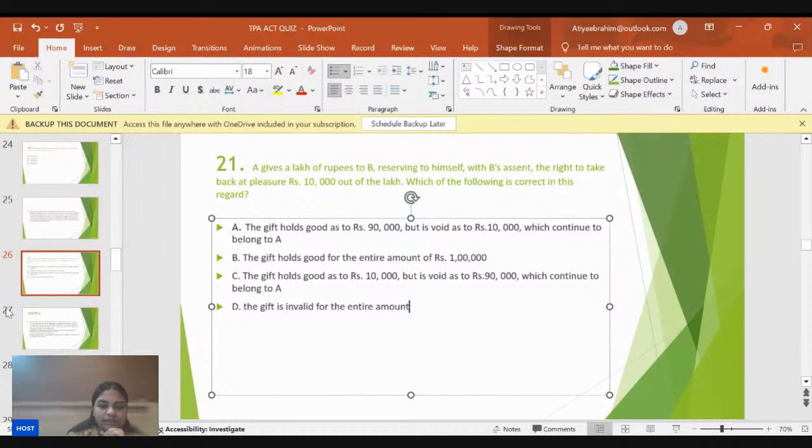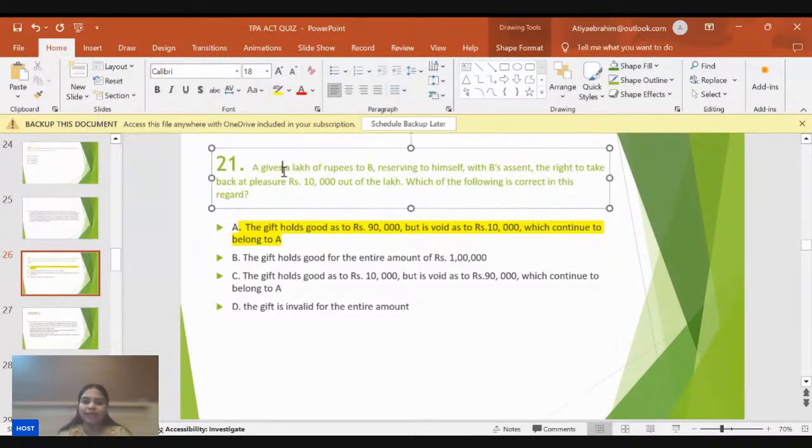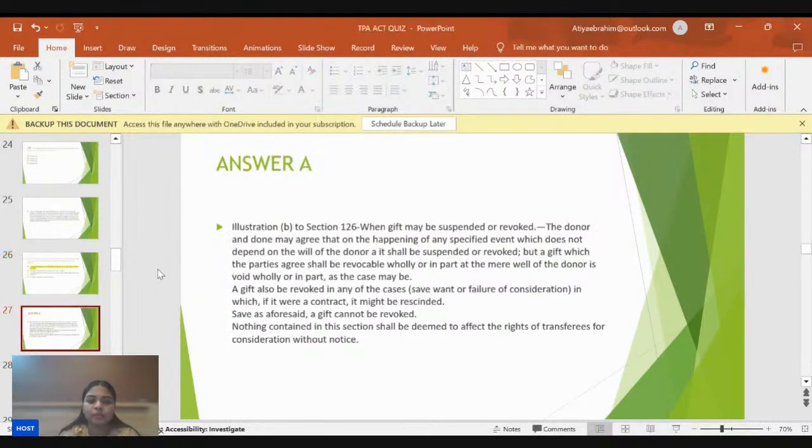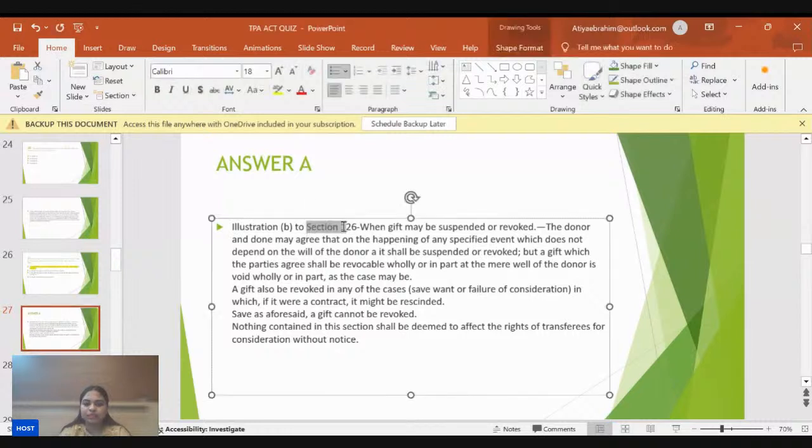The correct answer is A. Why, students? The gift is only holding good as to rupees 90,000. It is void for the 10,000 rupees, which A says I will be taking back any time, right? Why? Because of section 126, right?